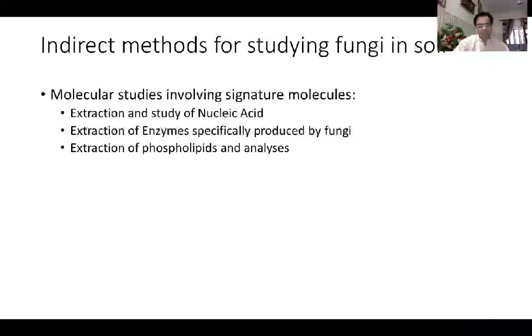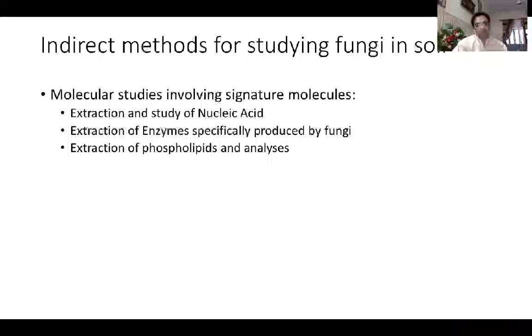Similarly, we can work with enzymes that are produced by fungi. Fungi produce extracellular enzymes in different substrates. The purpose of producing these extracellular enzymes is to digest the organic matter, to extract energy out of that.